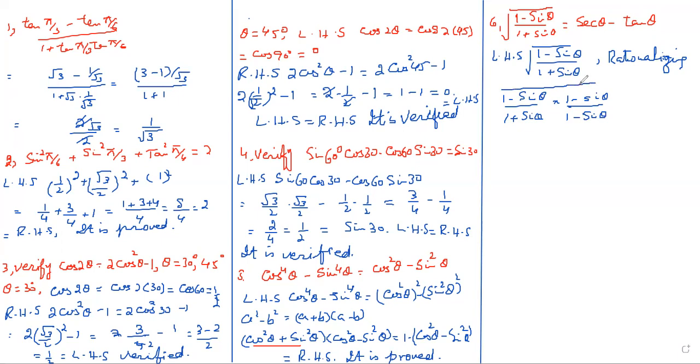Right? And square root. These two are same. So it will be 1 minus sine theta the square. And the denominator is a plus b into a minus b, 1 minus sine square theta.